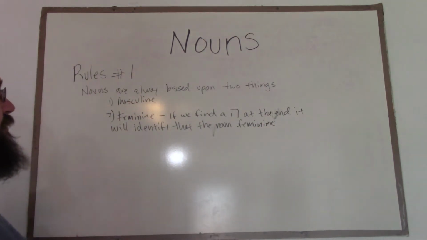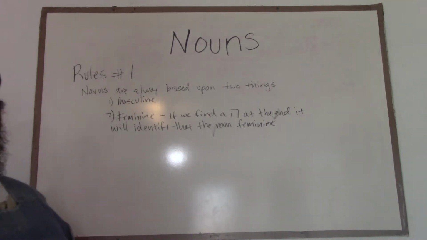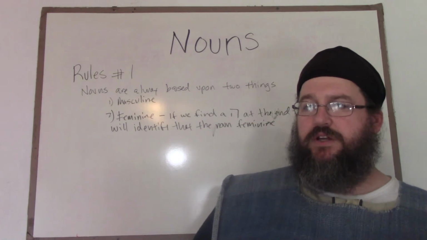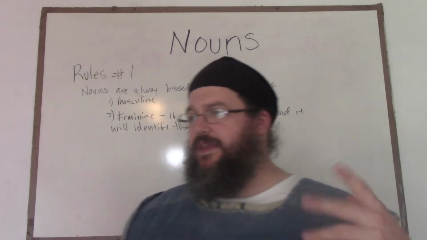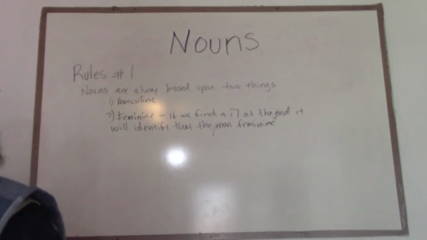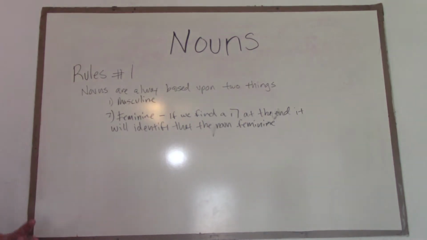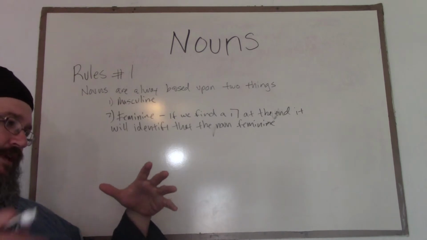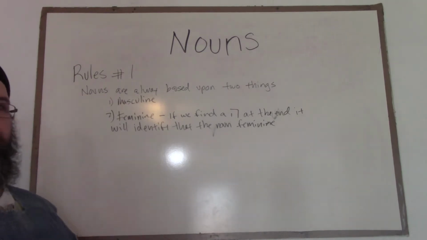That's a very simple rule. These are absolutes that we're going to know and understand, and these absolutes are going to teach us the foundations of all the things we need to know in relationship to nouns, before we even get into an actual noun itself.